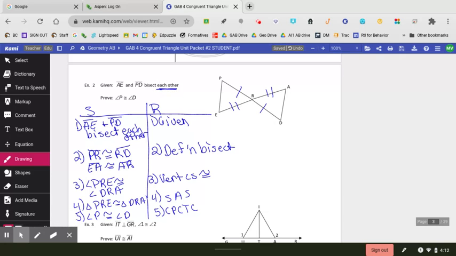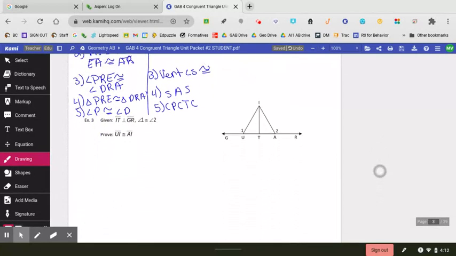Then looking at this diagram, I know that angle PRE is congruent to angle DRA because those are vertical angles, and vertical angles are always congruent. I now have enough to prove those triangles are congruent. So triangle PRE is congruent to triangle DRA by side, angle, side. And therefore, angle P is congruent to angle D, CPCTC.